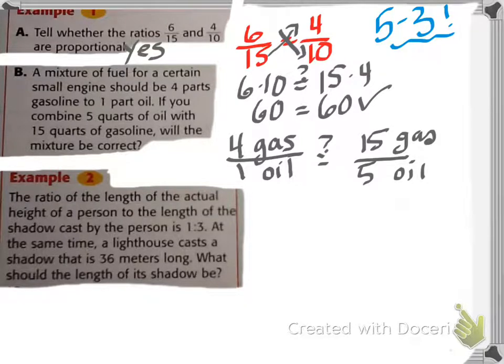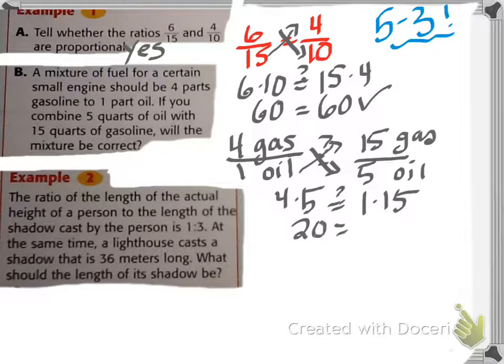If it is, then the cross products will be equal. So 4 times 5, does that equal 1 times 15? 4 times 5 is 20, 1 times 15 is 15. Those are not equal, so will the mixture be correct? No.